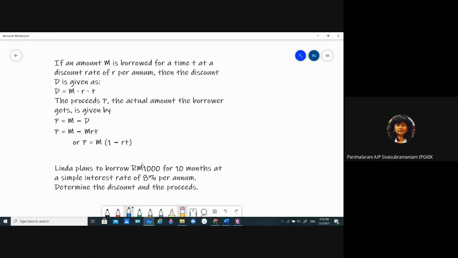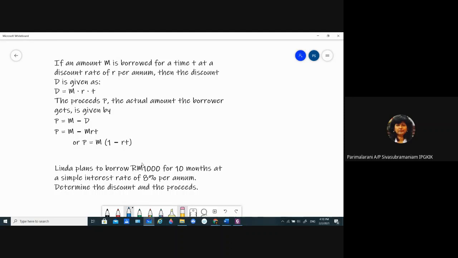The interest value that is deducted is called the discount. And the actual amount given to the borrower is known as the proceeds. If an amount M is borrowed at a time T at a discount rate of R per annum, then the discount is given as D equals to MRT.